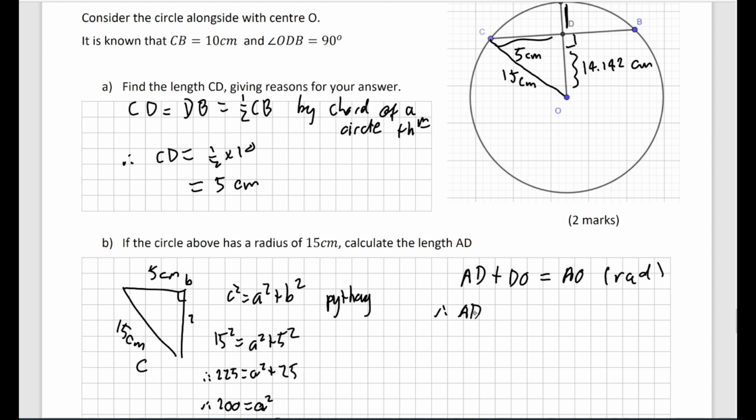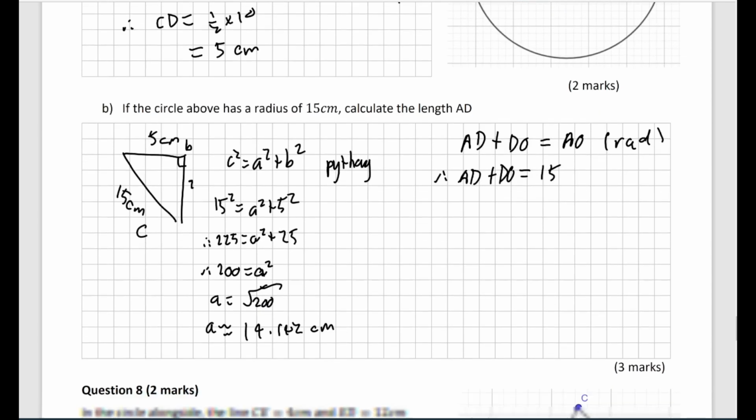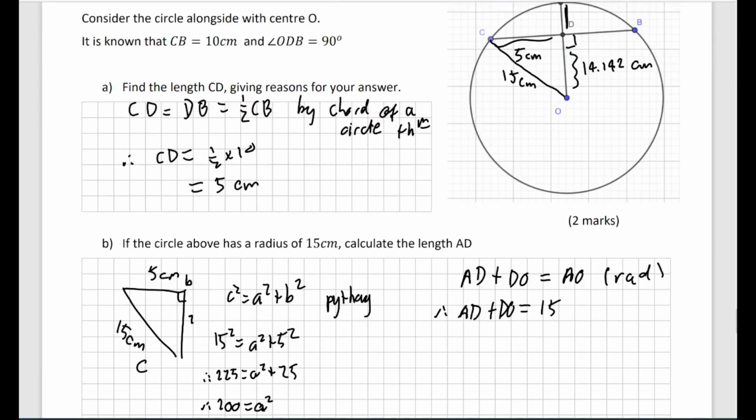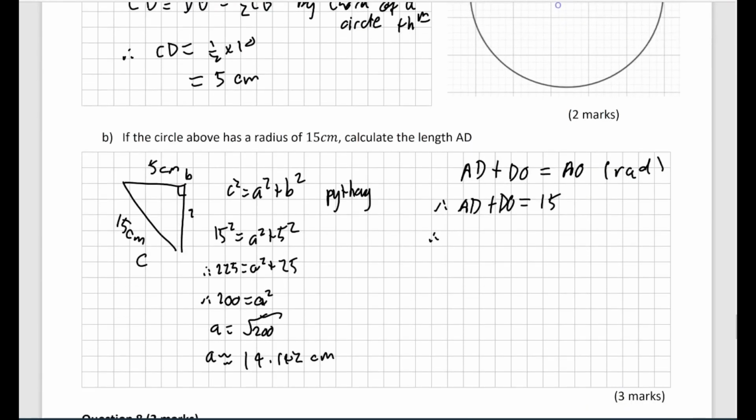Therefore, AD plus DO would have to be 15, because 15 was the radius. We know what D to O already is. AD plus 14.142 would have to equal 15. So AD equals 15, take 14.142.